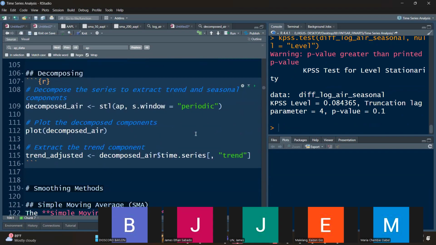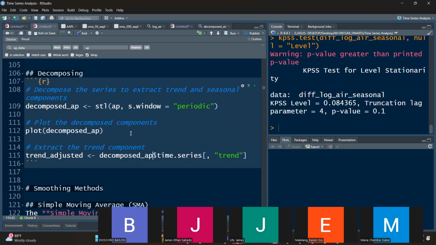Then here, class, we learned about decomposing your data. Our data is AP, and we're creating this object, decompose. Maybe I should have used decompose AP. Let's change this. Since we're using AP and not air, AP, and then AP.